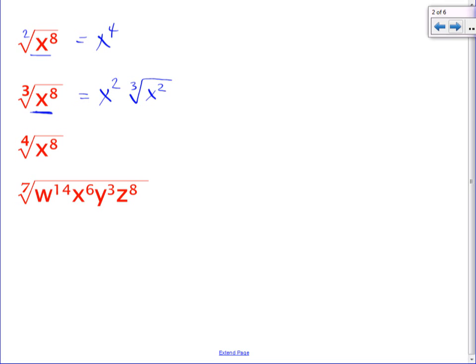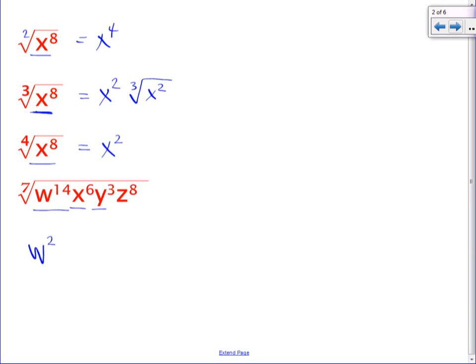Okay, same thing, but now we're looking for groups of size 4. There's 2 of them, nothing left over. We were able to take everything out of the root. And then groups of size 7. How many groups of size 7? 2. Groups of size 7? 0.